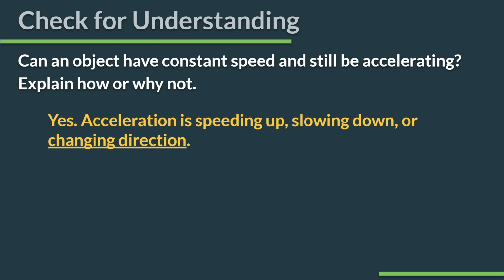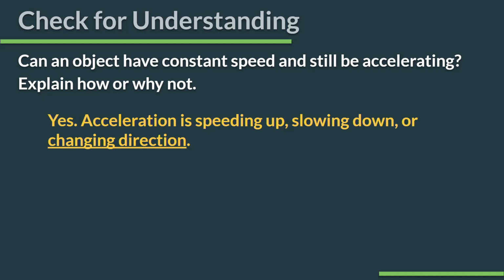Speed is scalar. It doesn't care about direction. If I just said 5 miles per hour, you don't know which direction I'm going. It is entirely possible for me to ride my bike at 8 miles per hour and take a curve and turn at a constant speed, and yet that would still be an example of acceleration because my direction has changed.